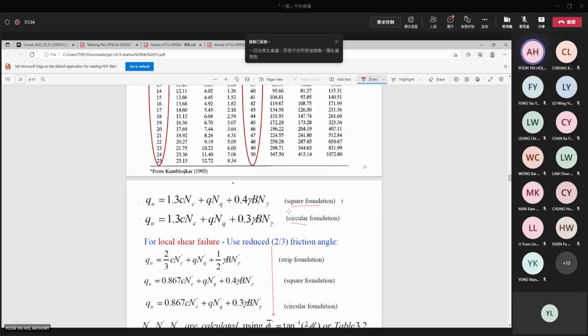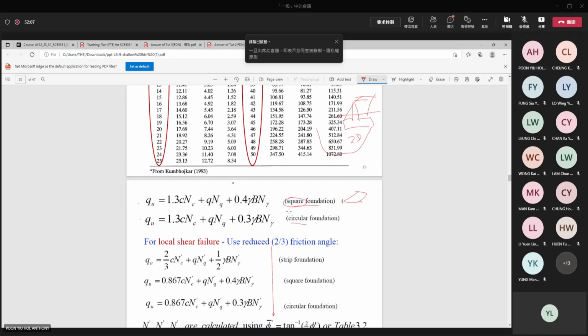So for square foundations, it becomes 3D. The strip foundation earlier is actually a mathematical idealization, that is 2D. If your foundation is very long, it is like a 2D case, whichever section you cut. But if it is a square foundation, it's actually more of a 3D effect.